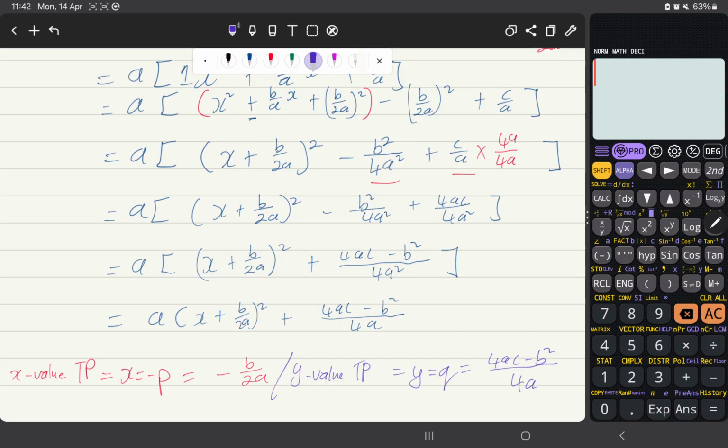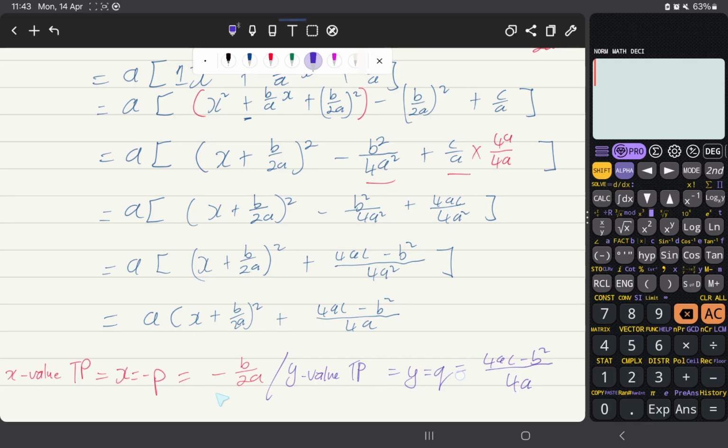So what have I done here? I've shown you guys formulas, and these are the formulas you're gonna use if ever they give you an equation of a parabola and ask what the turning point is. For you to find that turning point, this is just the formula you need. You don't need to derive it from scratch. You just have to remember this and this.